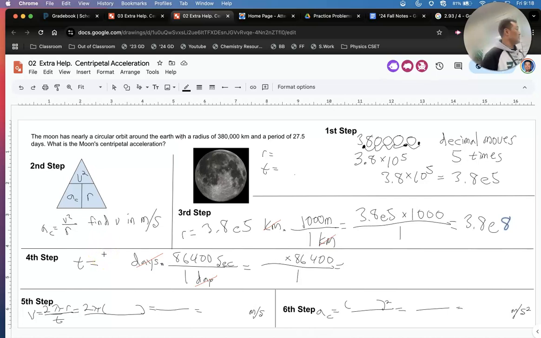Just look at the problem. Where does it say days? No, in the problem. These are blanks. We're going to fill in the blanks. I need you to tell me the days in the problem. It's a period of 27.5 days. That's all you had to do.